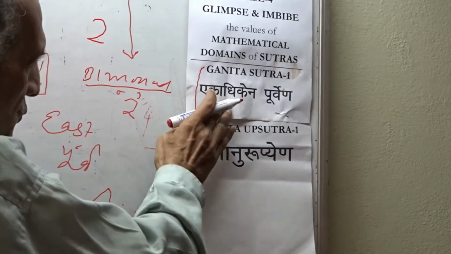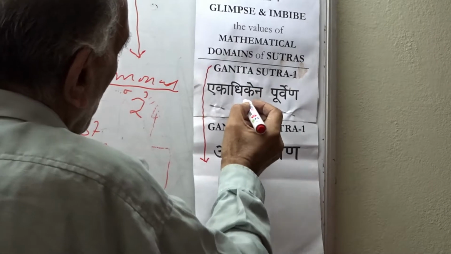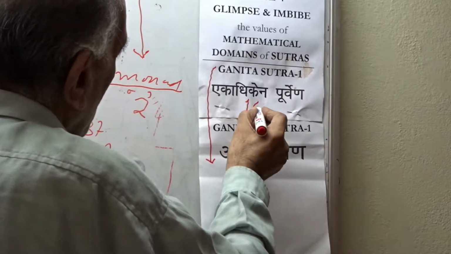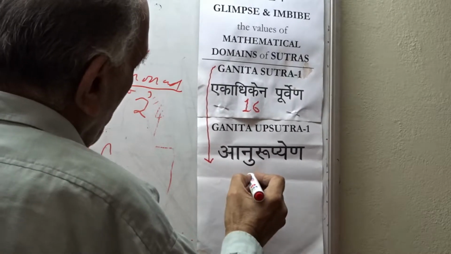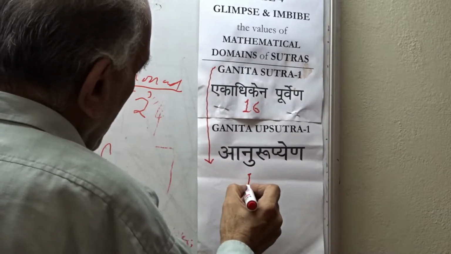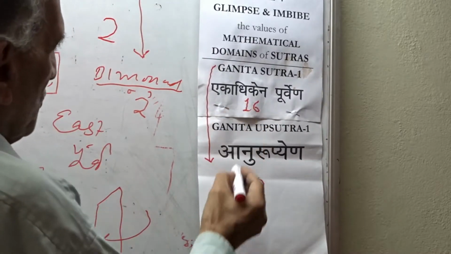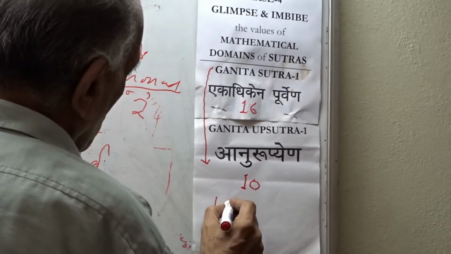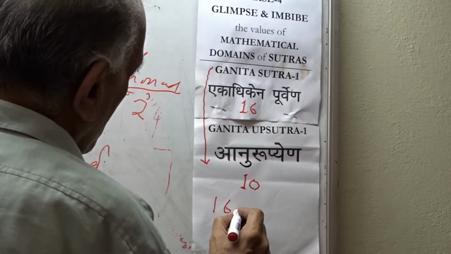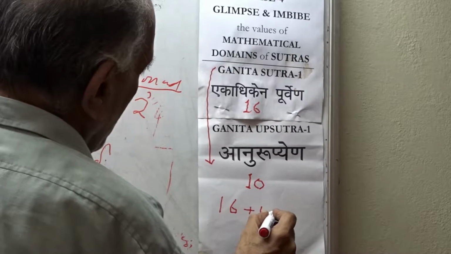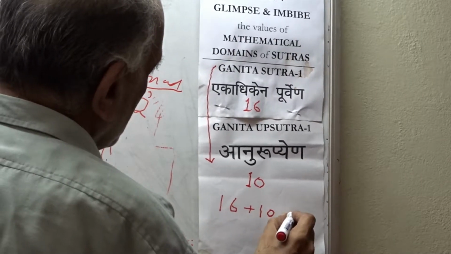This Ganita Sutra Ekadhiken Purve is a scripture of 16 letters. And this Anurupe is a scripture of 10 letters. Therefore, it gives us a composition that this processing approach is to take us from 16 plus 10 is equal to 26.